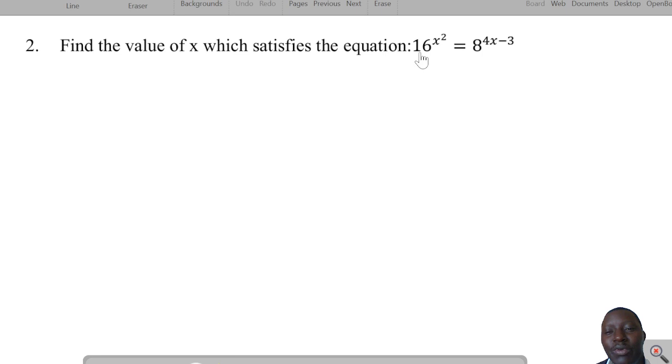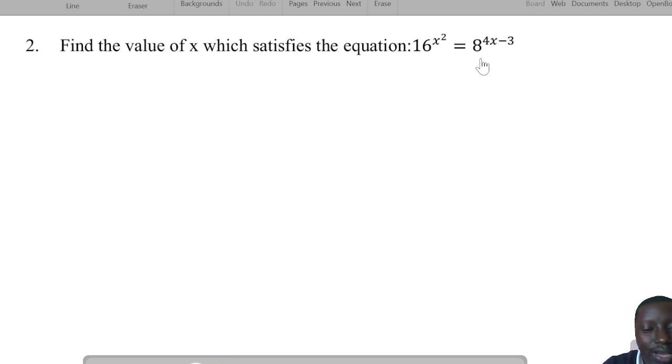16 can be expressed in terms of its prime factors, and this prime factor for 16 will be 2 to the power of 4, and 8 again can be expressed to base 2, and basically 8 is 2 to the power of 3.